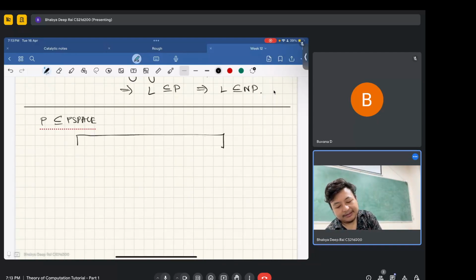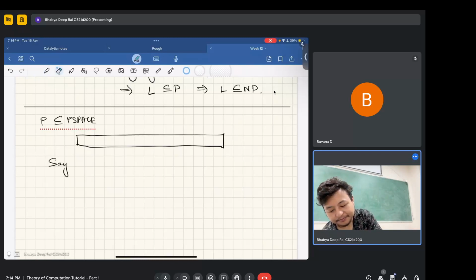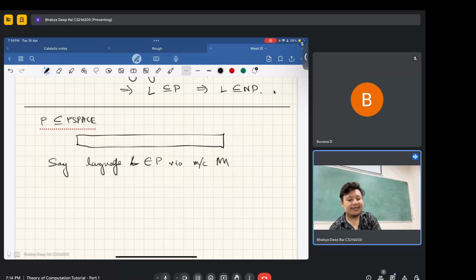Now let's say some language L, okay, this is not the class L, say language L is in P via a machine M, which means M runs in polynomial time.